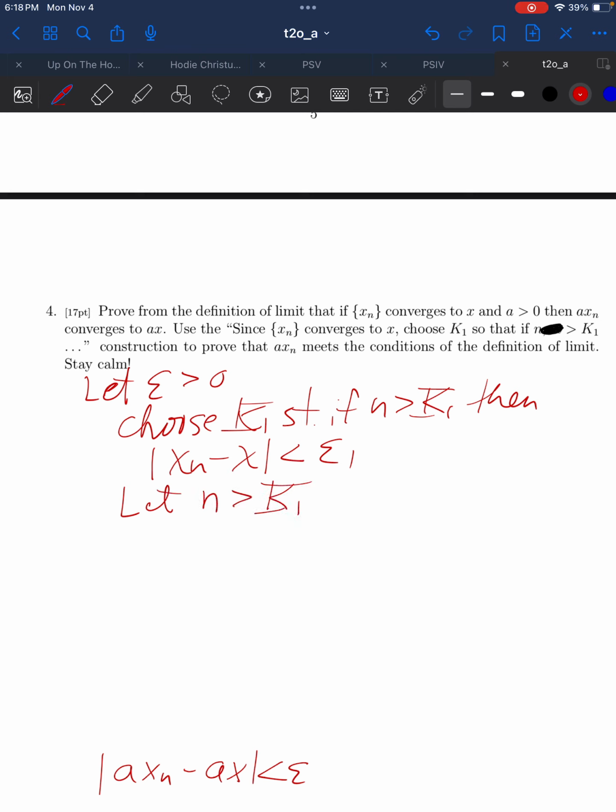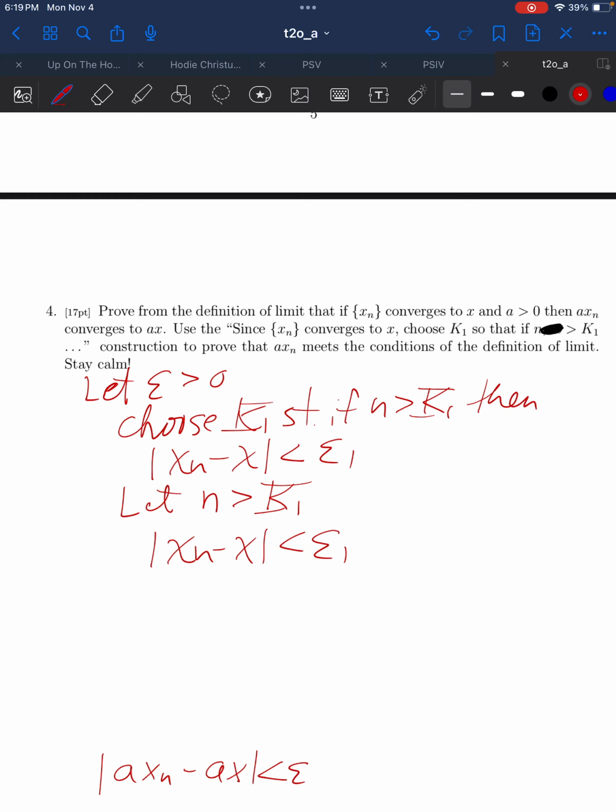Sometimes there's been something more complicated connecting K1 to K, but let's just start with trying n greater than K1. Basically, treat K as K1. That would mean that xn minus x is less than epsilon 1.